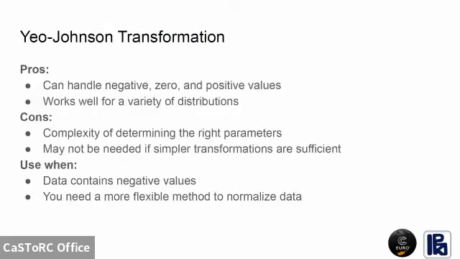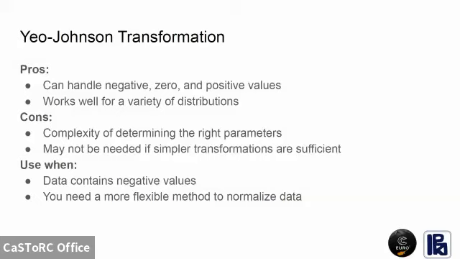Then you can use the Johnson transformation, which is exactly the same thing, but can also handle negative, zero, and positive numbers. But for the positive values, not as well as Box-Cox. So if you have zero and negative values, use Johnson transformation. If you only have positive values, use the previous one.